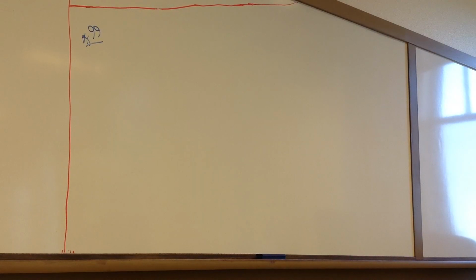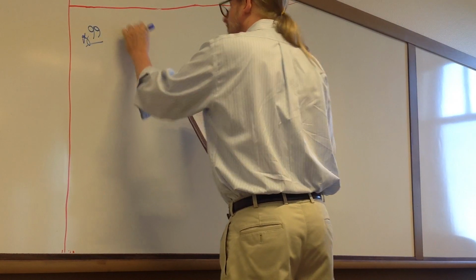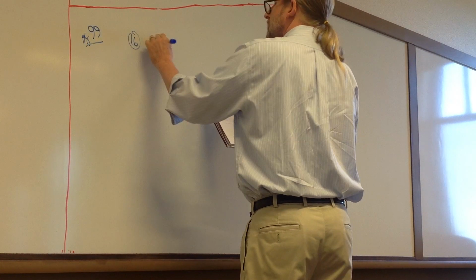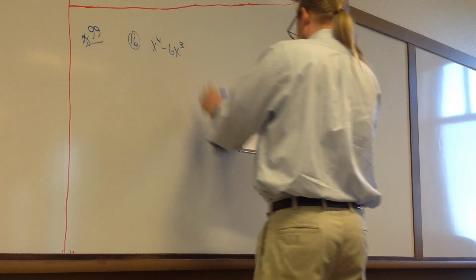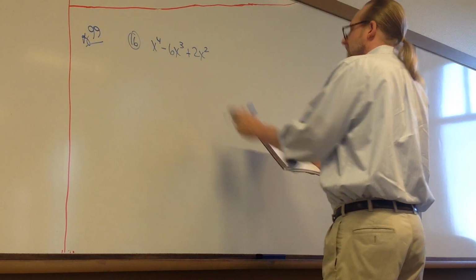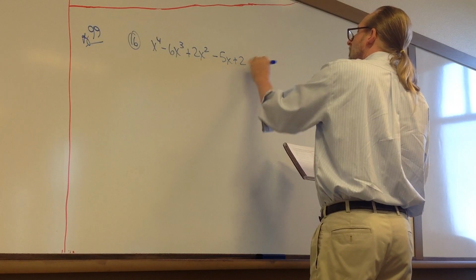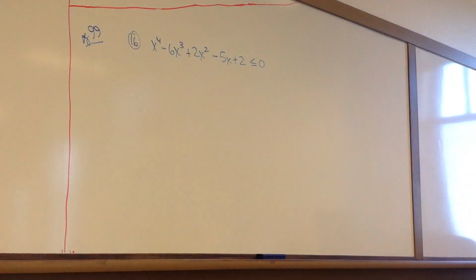Problem 16 is also a 4th degree equation. X to the 4th minus 6x cubed plus 2x squared minus 5x plus 2 less than or equal to 0.